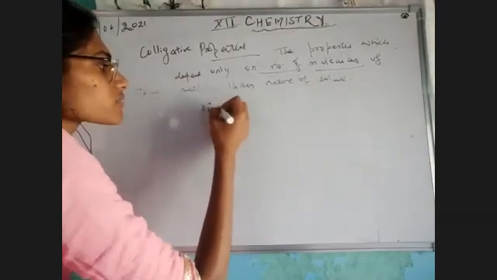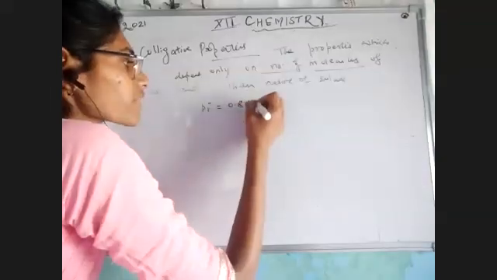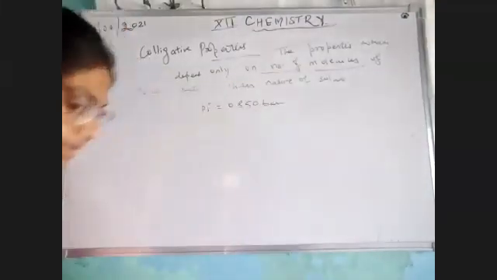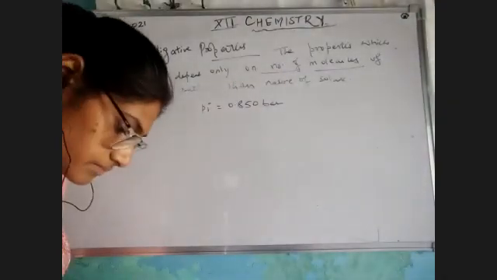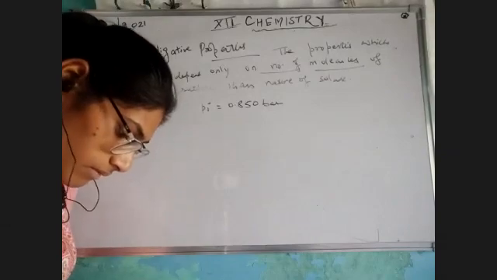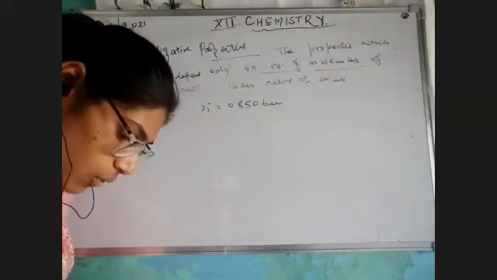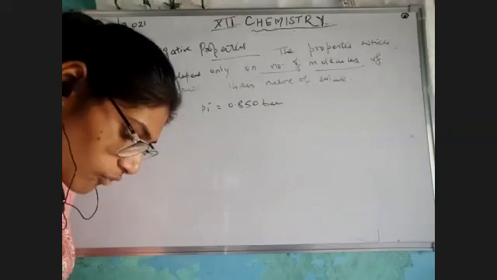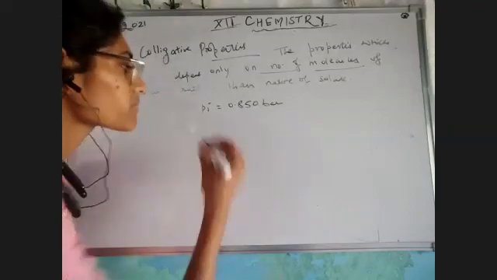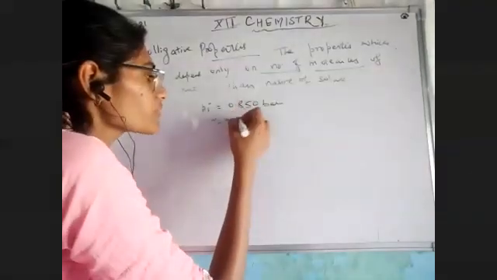P1 naught is equal to 0.850 bar. Then we have been given a non-volatile, non-electrolyte solid weighing 0.5 gram. That means W2 is equal to 0.5 gram.